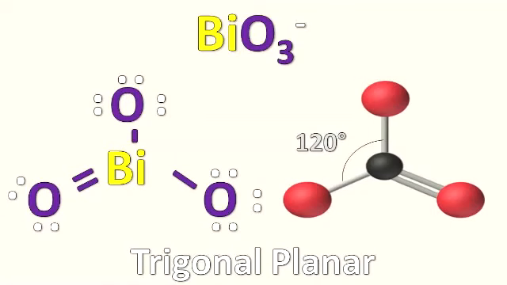For the electronic and molecular geometry, we can see that bismuthate is trigonal planar. Comparing the shape of the trigonal planar with the bismuthate Lewis structure we have created, they look similar.